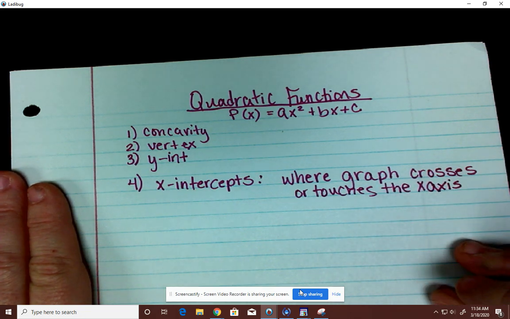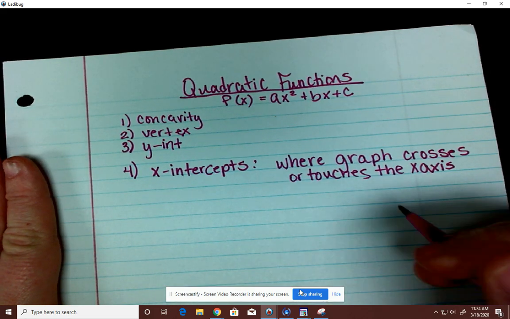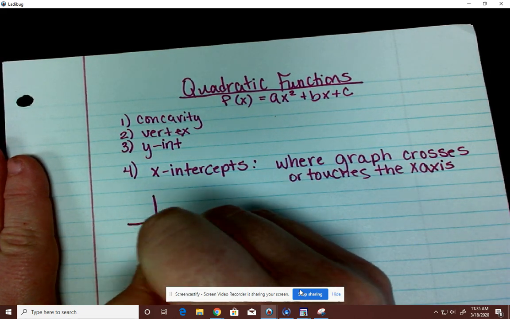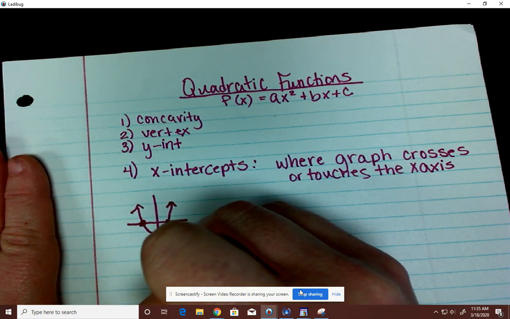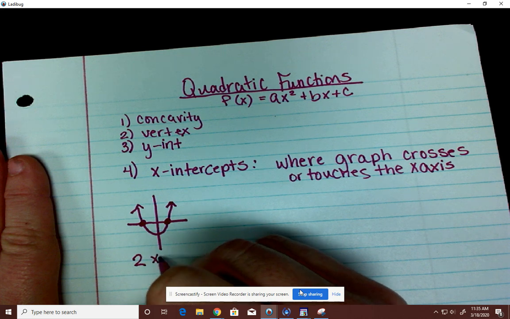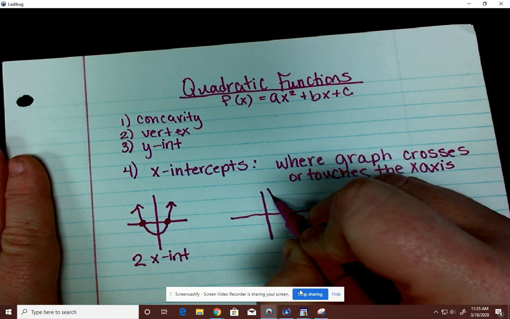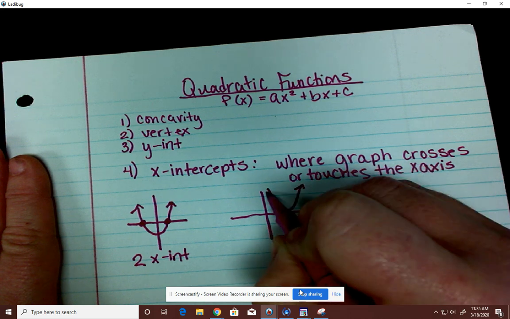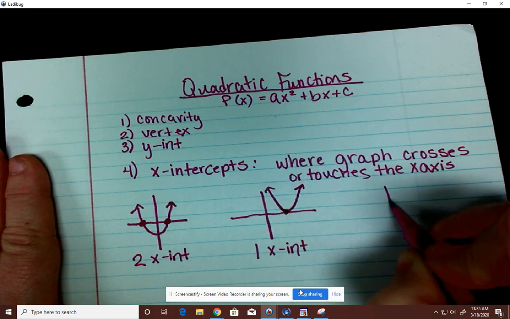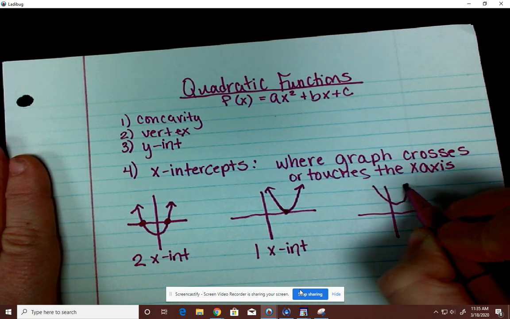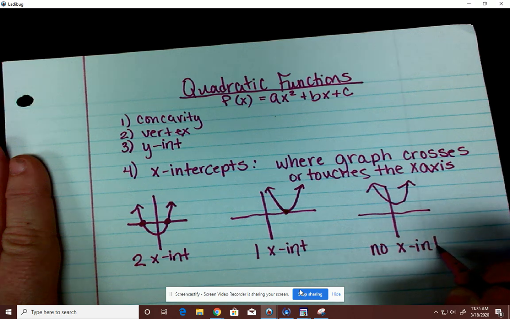We only have one y-intercept when we look at a parabola, but we can have different amounts of x-intercepts. So our possibilities are here, where we have two x-intercepts. Here where it just touches and we only have one x-intercept. Or where it never touches at all and we have no x-intercepts.